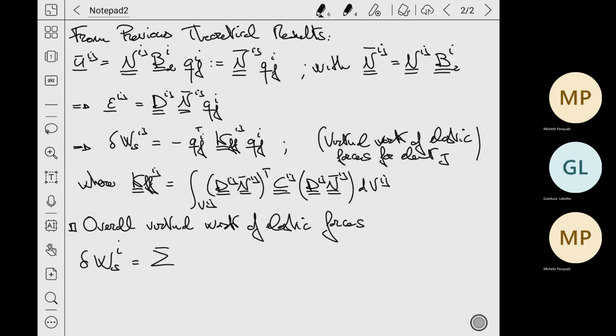So J going from 1 to the number of elements NE, delta WSIJ. But this we already know how to write.